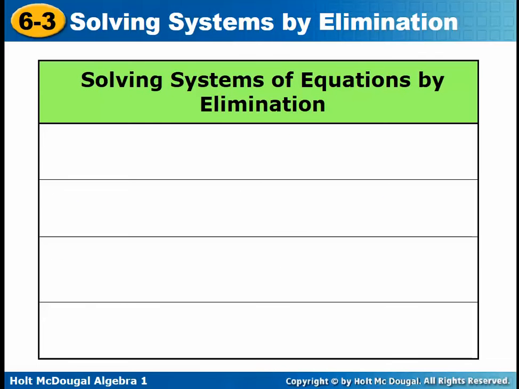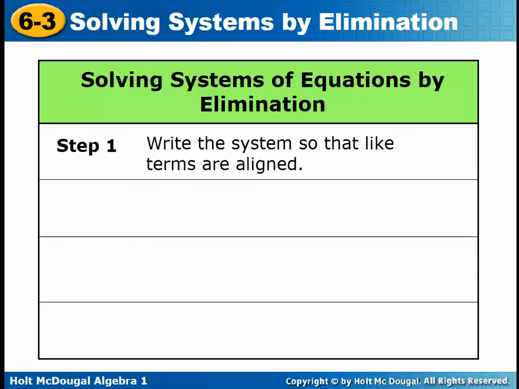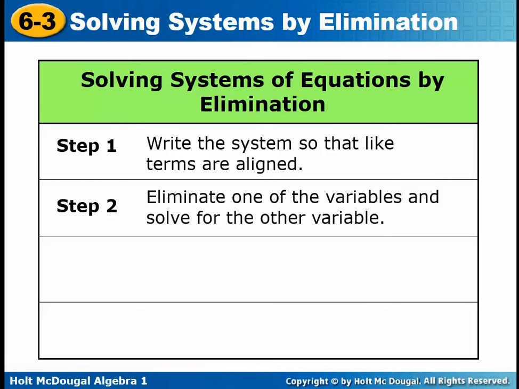All right, so here are our steps for solving systems of equations with elimination. First of all, make sure that you have the terms aligned, like x first, then y, then the constant on the other side of the equal sign. Step 2 is to eliminate one of the variables and solve for the other variable.